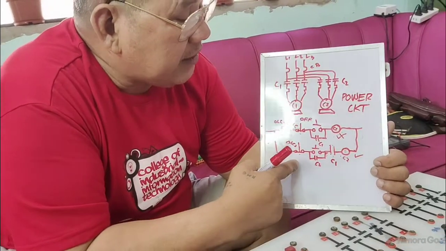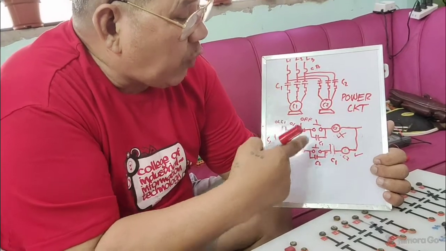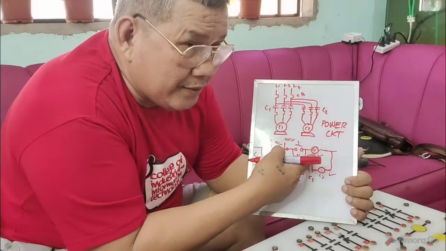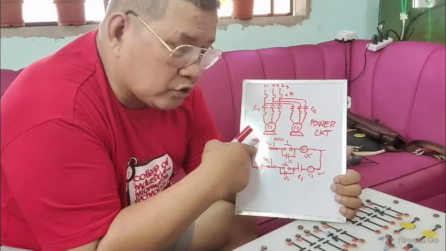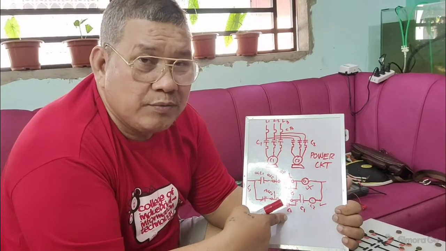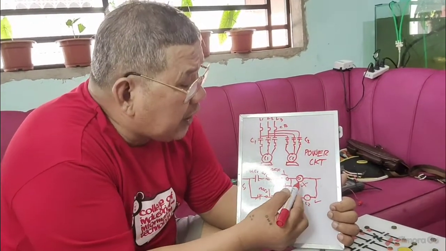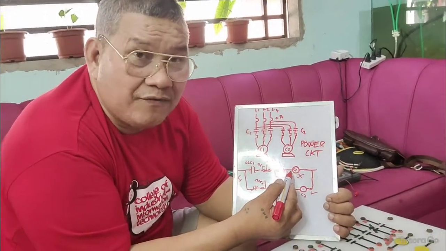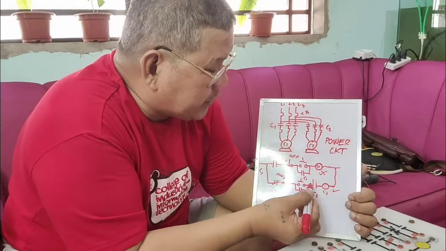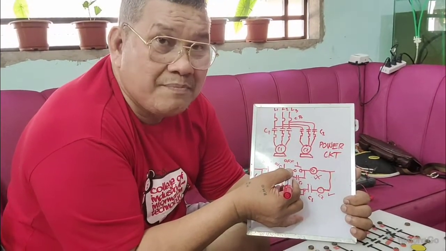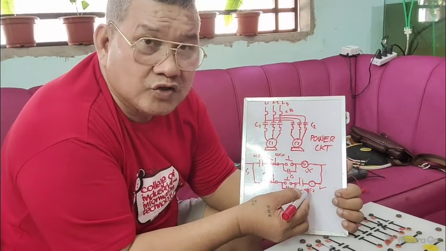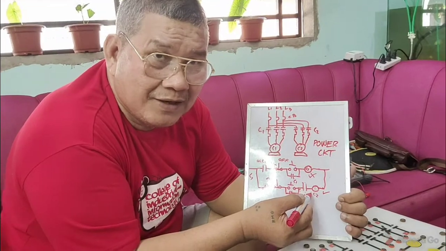Meaning to say, when an overload occurs in conveyor number 1, it trips off because of the overload contact, including conveyor number 2. But remember, only conveyor number 1 is overloaded. Considering that conveyor number 2 is dependent on conveyor number 1, if this is off, at the same time, this will also be off. Okay?